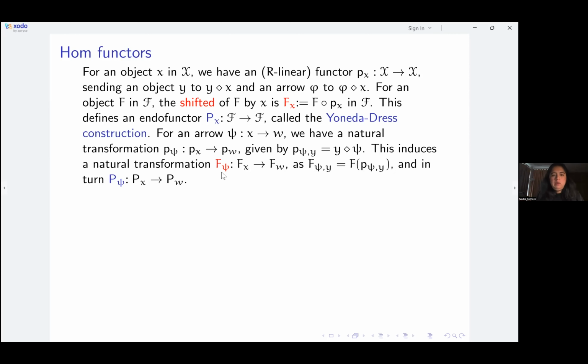Everything is just follow your nose. There are not too many things you can do to go from one level to another. And so this actually defines a functor from the category X to the category of endofunctors of F. And this is all we need to define these functors.